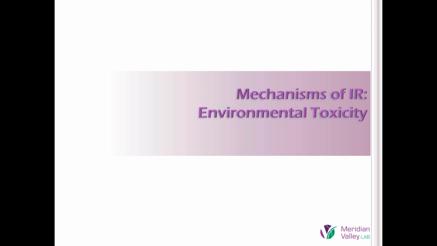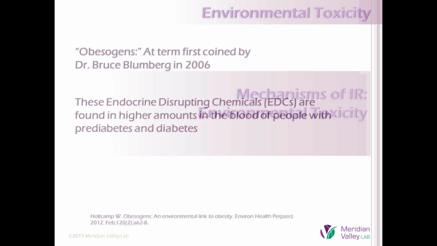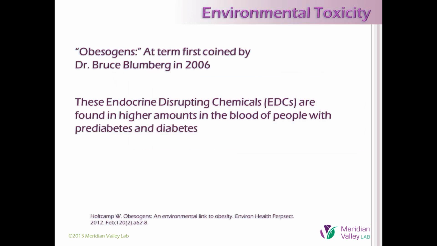Okay, the next mechanism I'd like to discuss, environmental toxicity. Just a massive, massive subject that certainly I'm only going to scratch the very surface of today. But we have these compounds in our environment called endocrine disrupting chemicals.